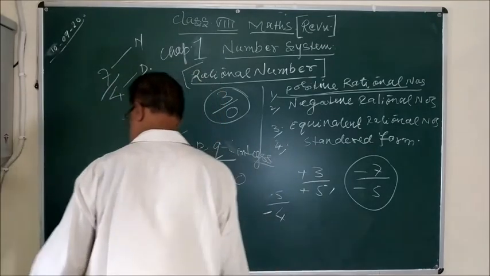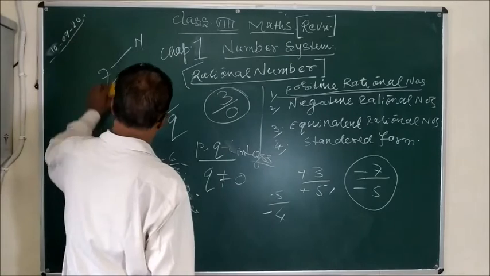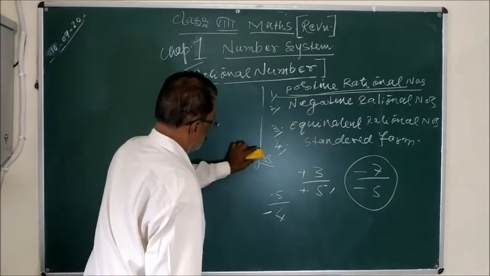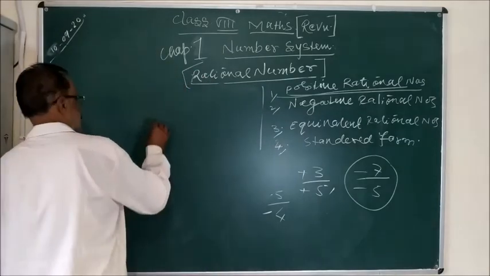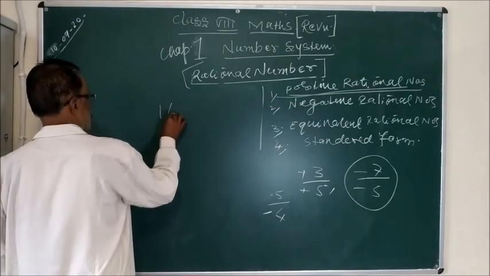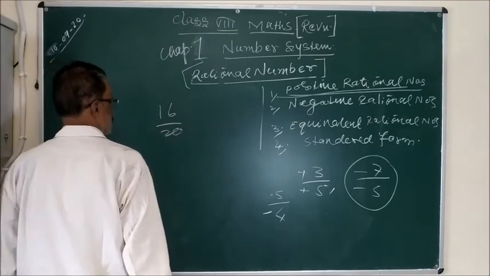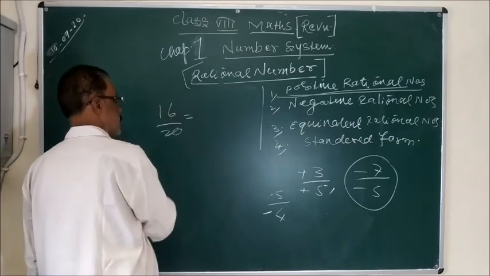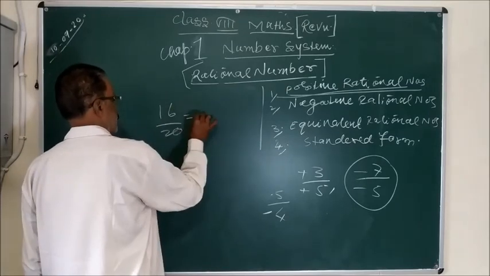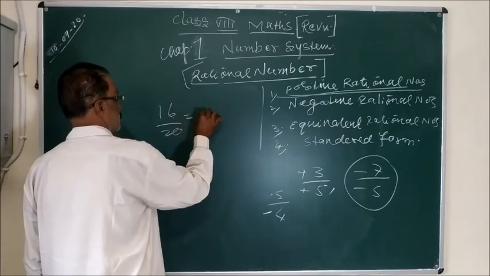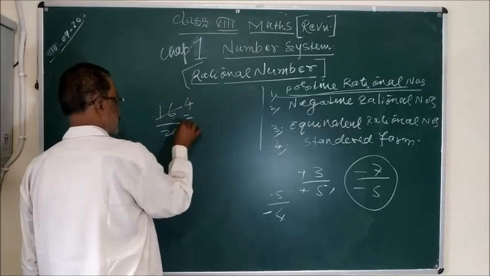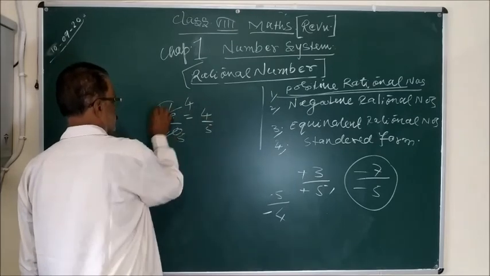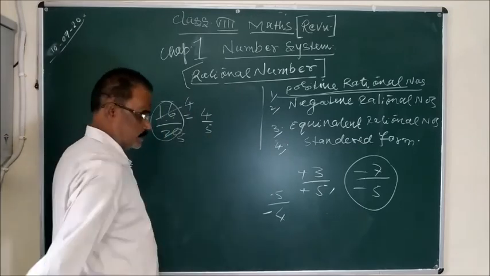Standard form, if a fraction is given, and now if you convert it into lowest term, suppose 16 by 20. This is a fraction. So इसमें if you divide by 4, इसको ऐसे भी कैंसिल करते हैं, वैसे 4 by 5. इसका मतलब हुआ कि इसमें HCF से डिवाइड करते हैं.